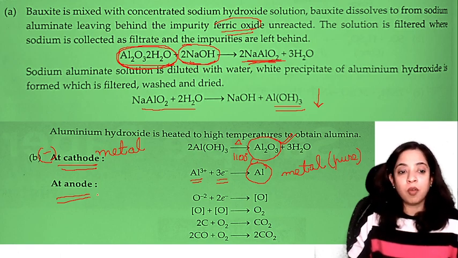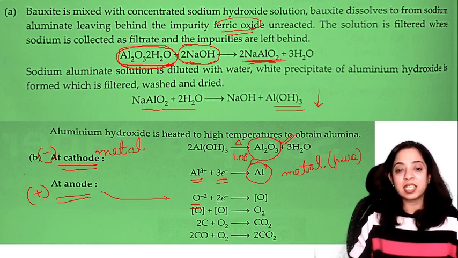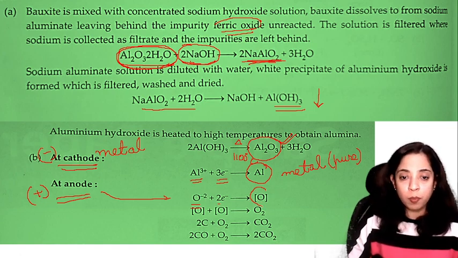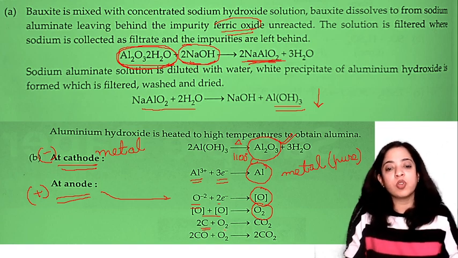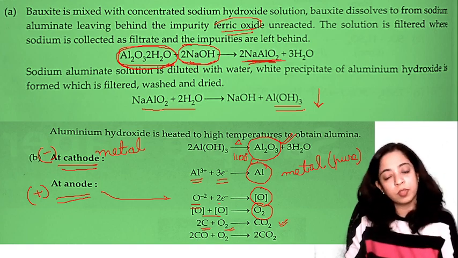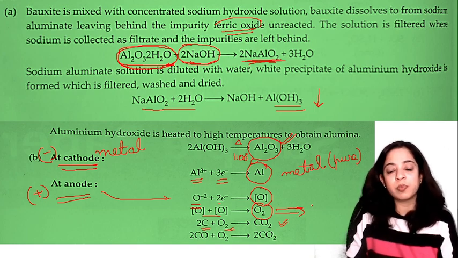Now what happens at the anode? The anode is a positive electrode, so negative ions will go here. Oxide, O2-, will form O. Two nascent oxygens will form O2. Carbon rods at the anode will also react with O2 to form CO2. You can also mention this; otherwise, writing only till oxygen is perfectly correct.